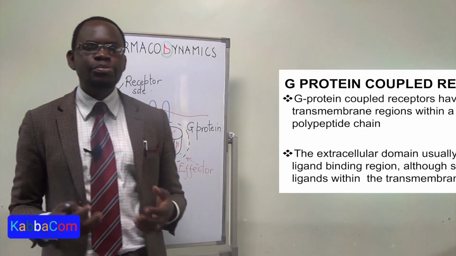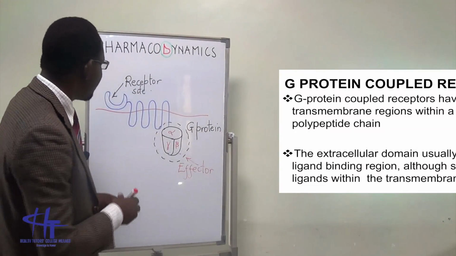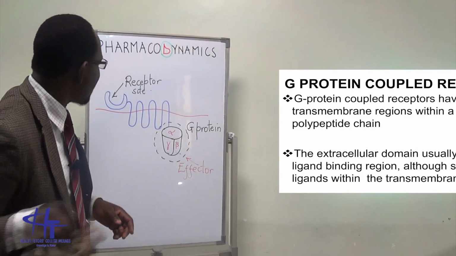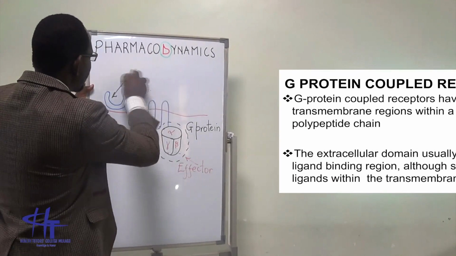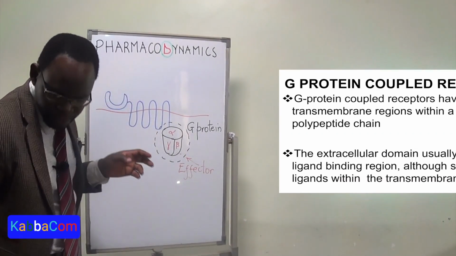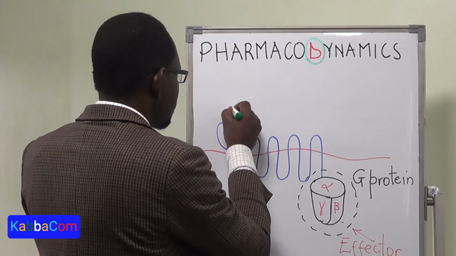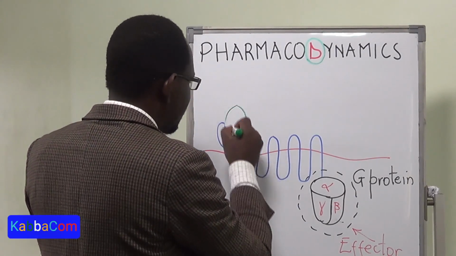Now, how does the G protein receptor work? Assuming we have our ligand, like for example a drug, bind here.